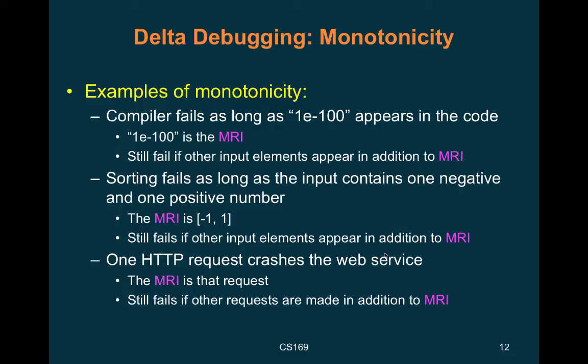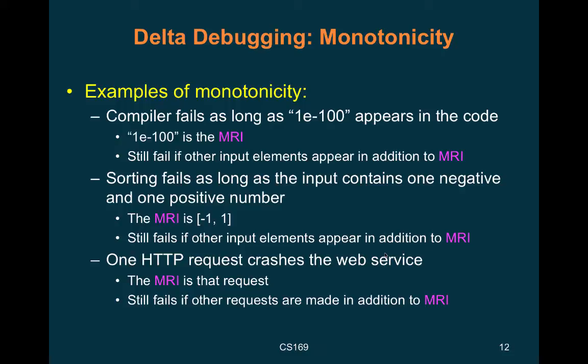Now, why is this important? You will see when we describe the algorithm why this becomes important. But conceptually, as you're manipulating your input by cutting it in halves and finding subsets of it, you want to know that there's no way you will mask the failure by somehow constructing something around it that prevents the failure from showing up.